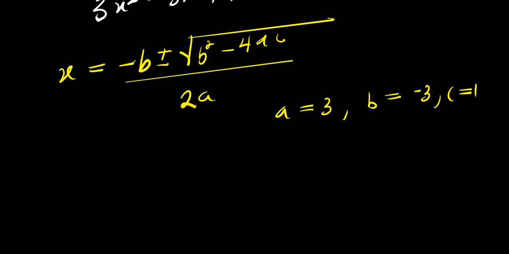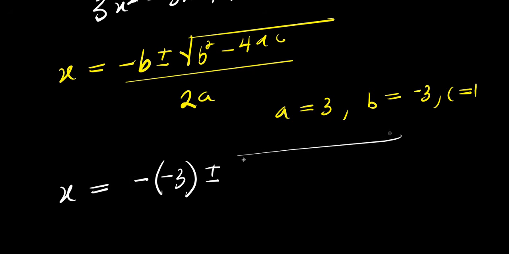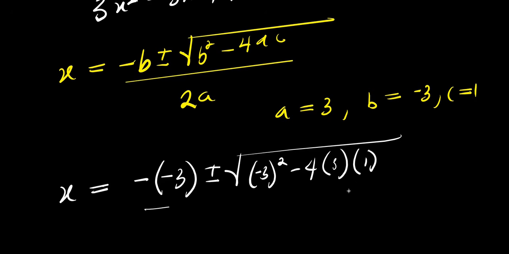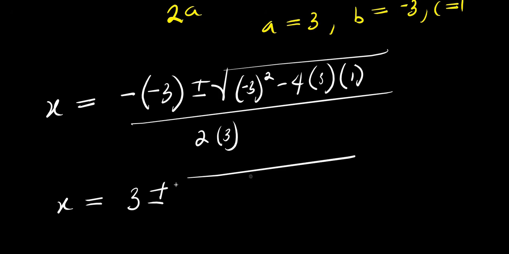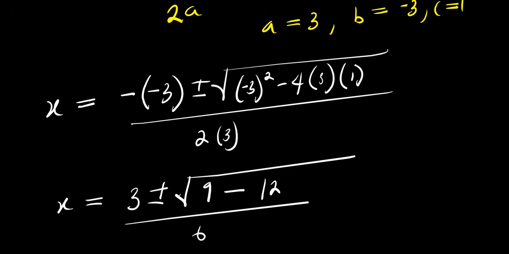So from here, we have x equals negative times negative 3, plus or minus the square root of (negative 3) power 2 minus 4 times 3 times 1, divided by 2 times 3. x equals 3 plus or minus the square root of 9 minus 12, divided by 6.